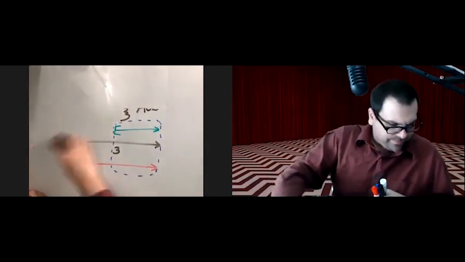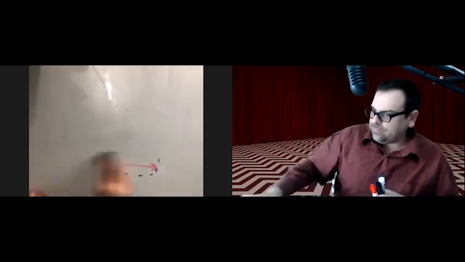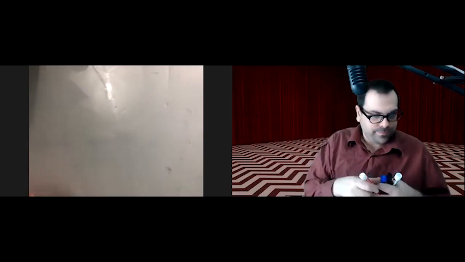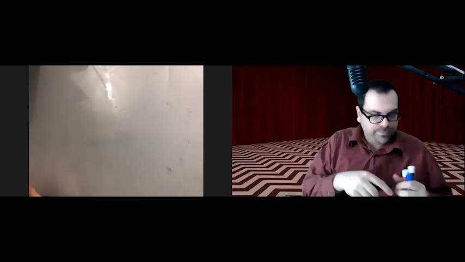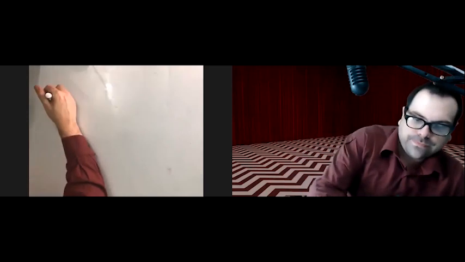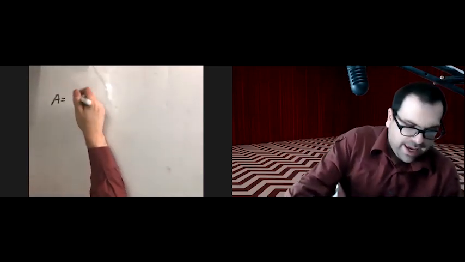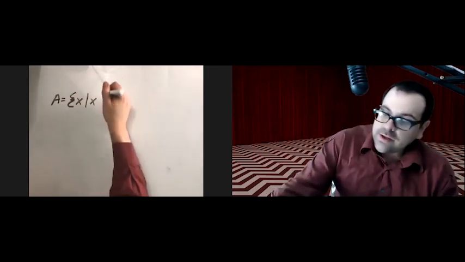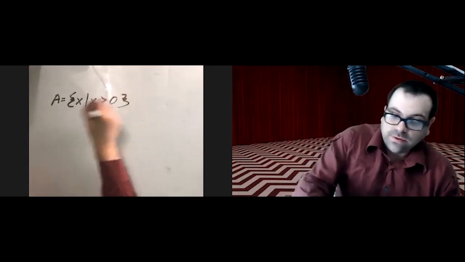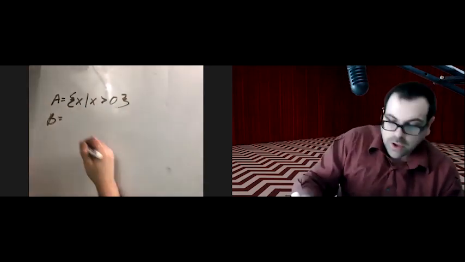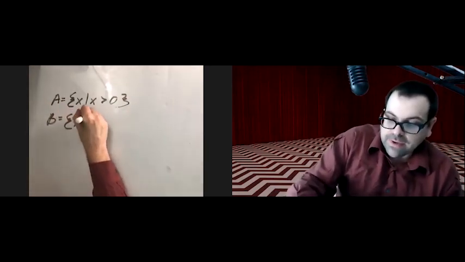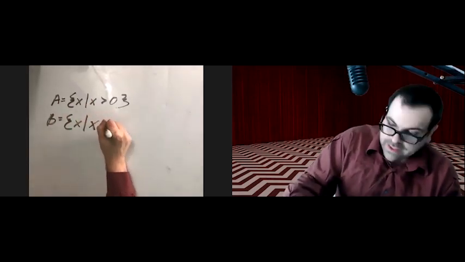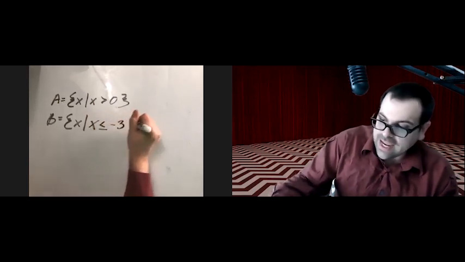New sets. A is going to be the set of all x such that x is greater than 0. B is going to be the set of all x such that x is less than or equal to negative 3.